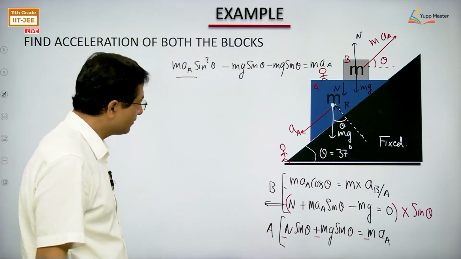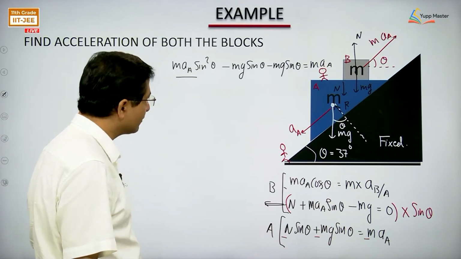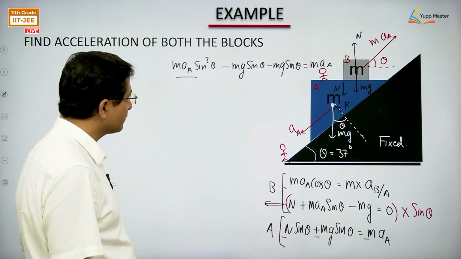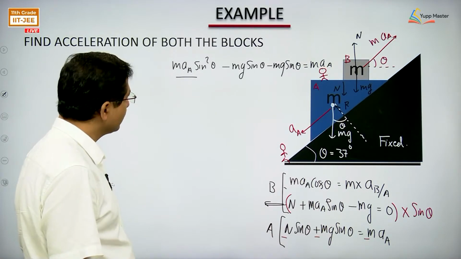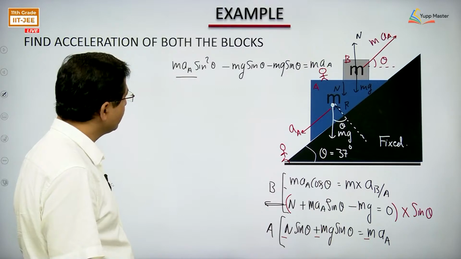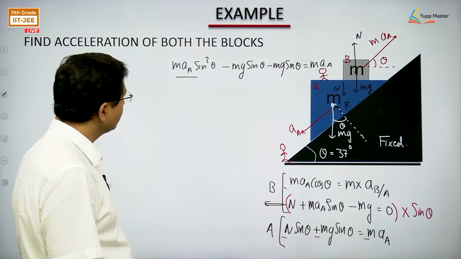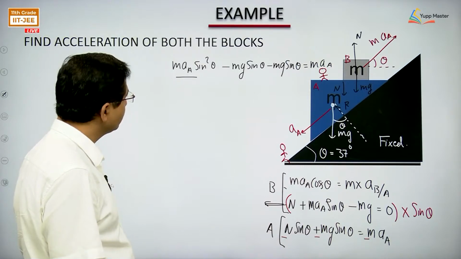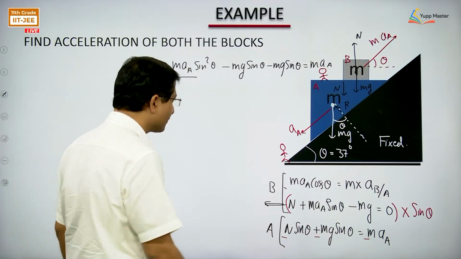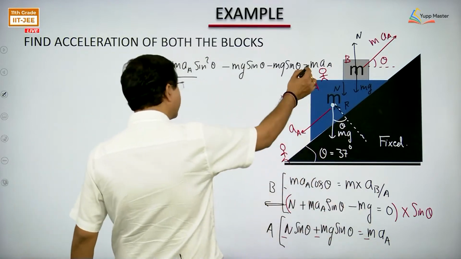Let me check the calculation. This is mg sin theta, 2 times mg sin theta. This is coming with a minus sign, I forgot to place minus over here.